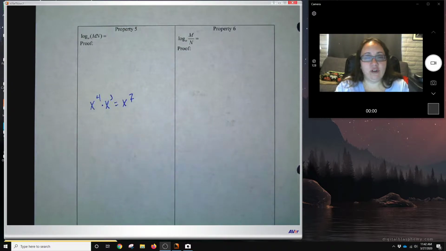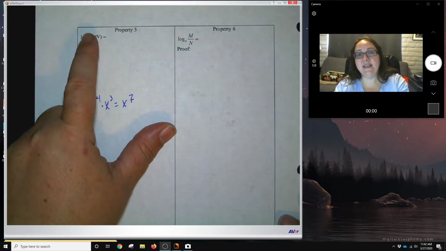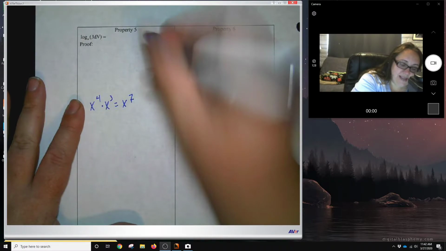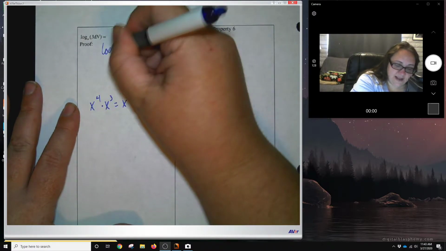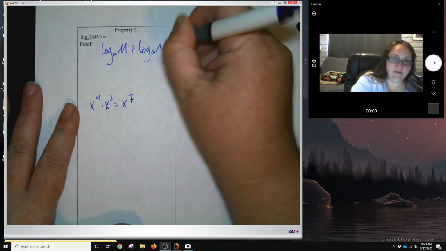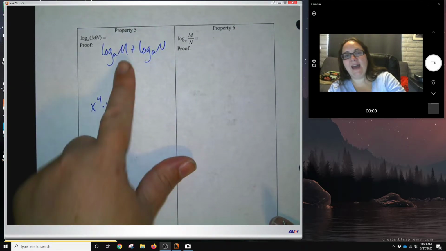It's the same rule for logs, only it's not to combine, it's to pull them apart. So the rule for logs is that when I pull the m and n apart, since this is multiplication, I add. So log base a of m times n is the same as log base a of m plus log base a of n. When I multiply, I add. When I add, I multiply.